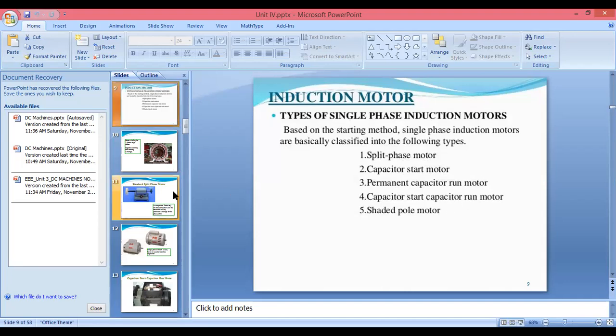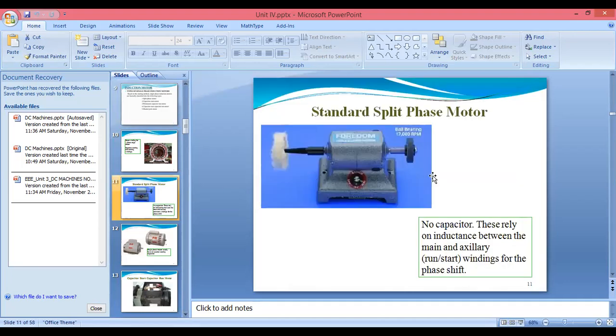Shaded pole motor. Here we can see the standard split phase induction motor. If you see it practically, that induction motor will look like this. And if you see here, we are not using any capacitor. This will depend only on induction between the main winding and the auxiliary winding. Auxiliary means the winding which is rotating, in the running condition.